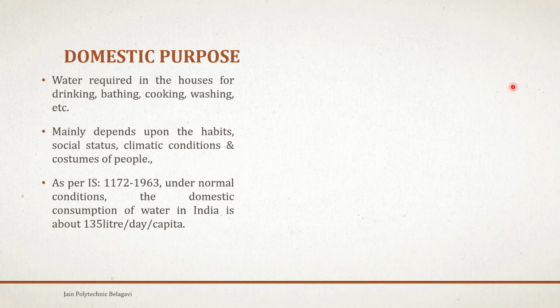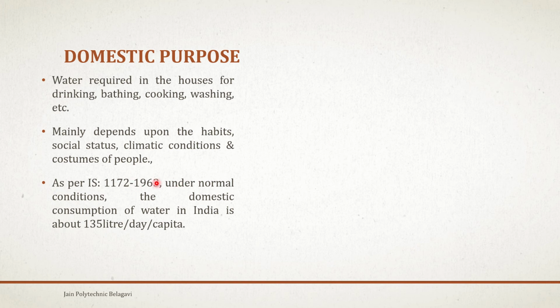As per IS 1172:1963, under normal conditions, the domestic consumption of water in India is about 135 liters per day per capita. So the number I have said, IS 1172:1963, it is the code. It was developed in the year 1963.